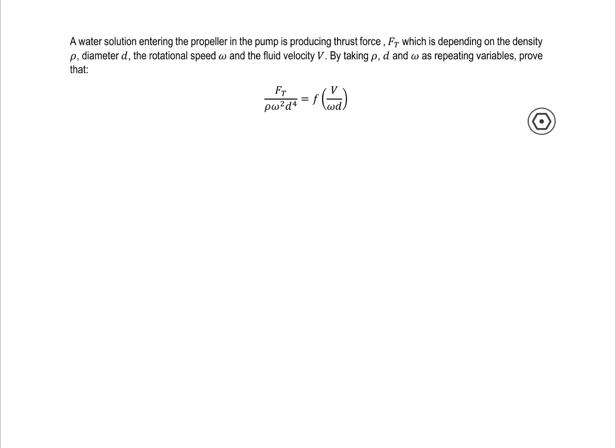What you need to do first is list all parameters.